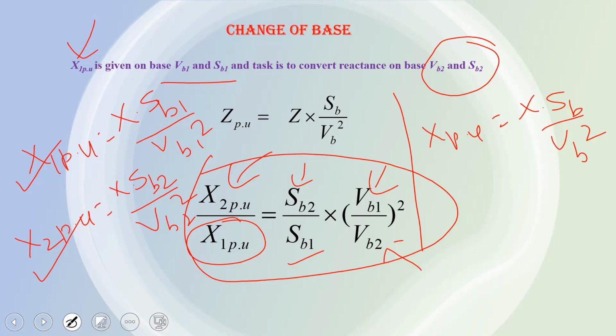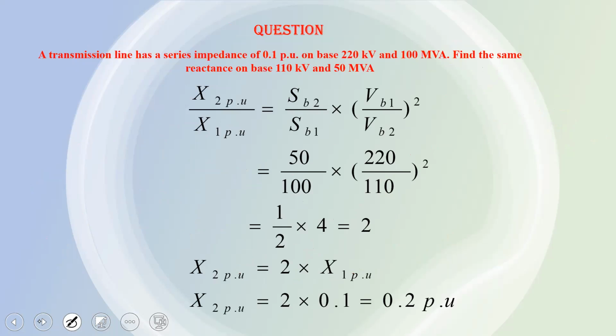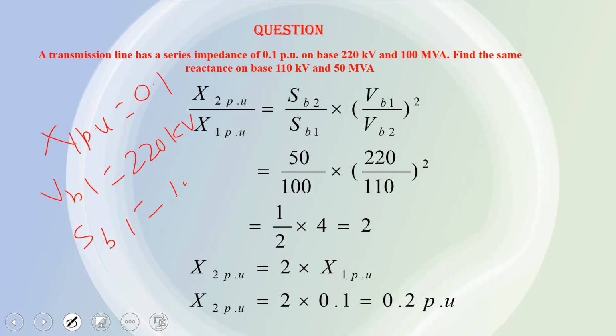Let us see this concept through a numerical example. Here the transmission line impedance is given as 0.1 per unit. So the given value is X1 per unit, which is 0.1. It is given on base VB1 and SB1, which is 220 kilovolt, and the base MVA is 100 MVA.